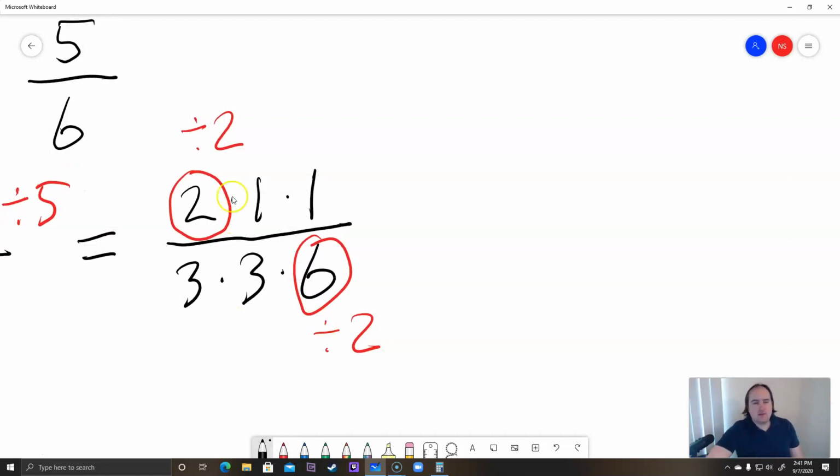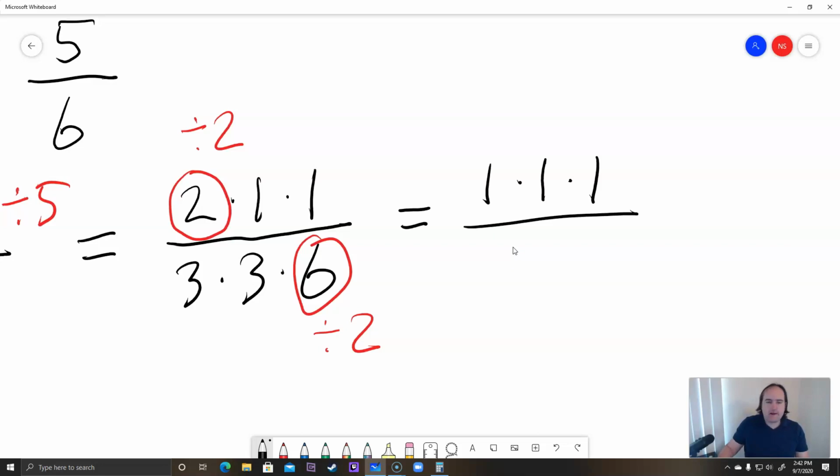Okay, so on the top, 2 divided by 2 is 1, so we have 1 times 1 times 1. And on the bottom, we have 3 times 3 times, well, what's 6 divided by 2? 6 divided by 2 is 3. So on the bottom we have 3 times 3 times 3.